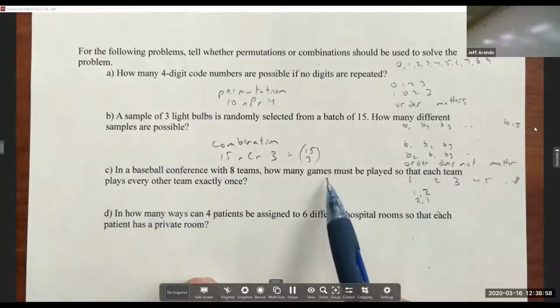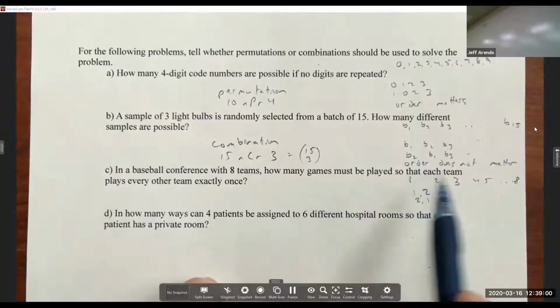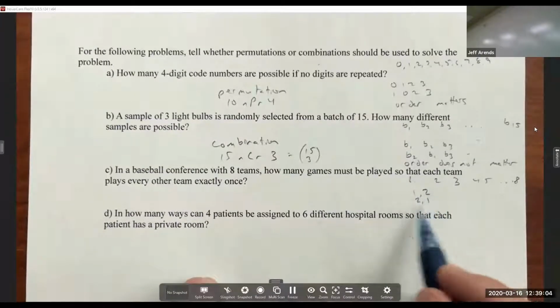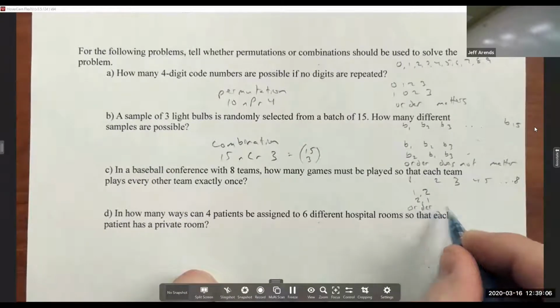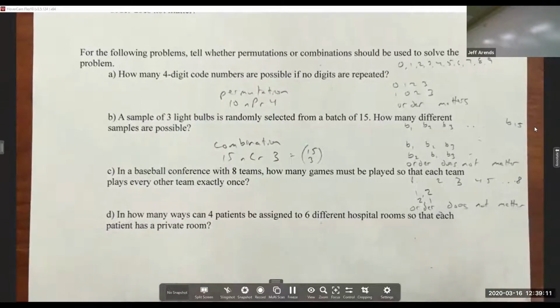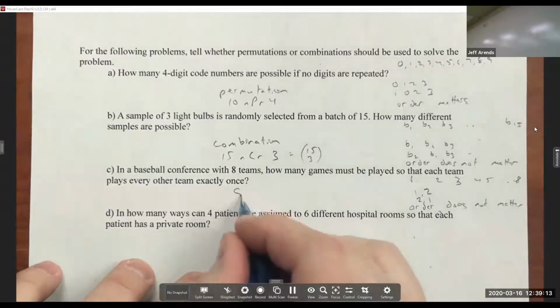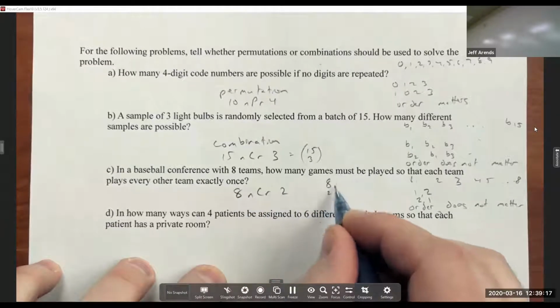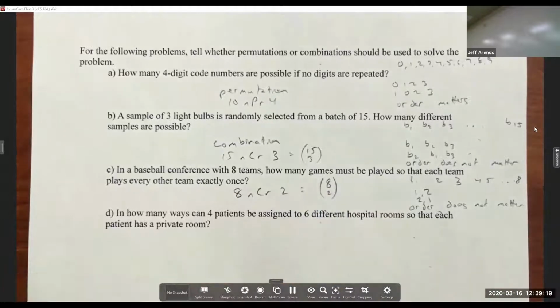But this just says the games must be played so that each team plays every other team exactly once. We would not want both of these to be counted separately. So I would say here that order does not matter. And so ultimately we're looking at 8C2, or 8 choose 2. In other words, the number of ways that we could pick a group of 2 from our 8 teams.